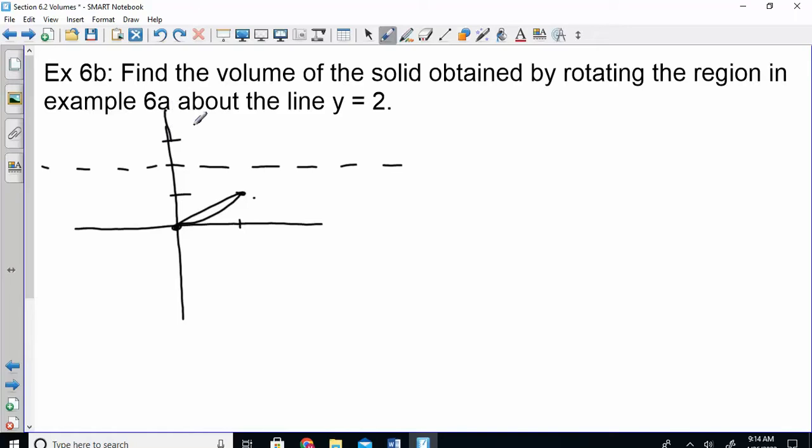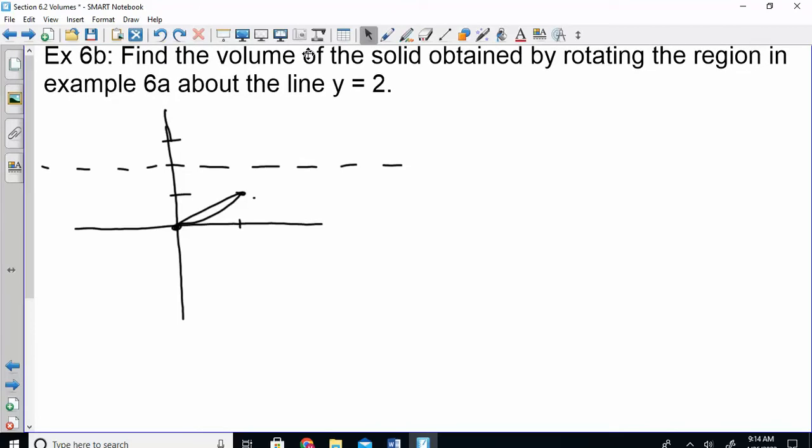So if I wanted to rotate around that line, I didn't leave myself enough space, did I? Okay, so if I reflected across, this point is 2 below, so it would go 2 above. This point's 1 below, so it goes 1 above.